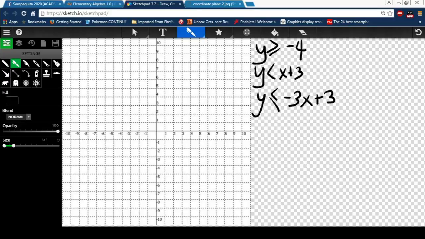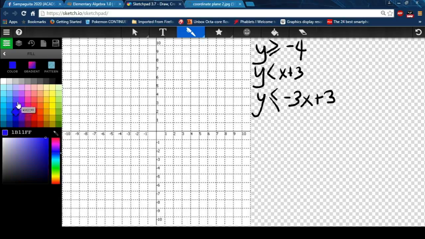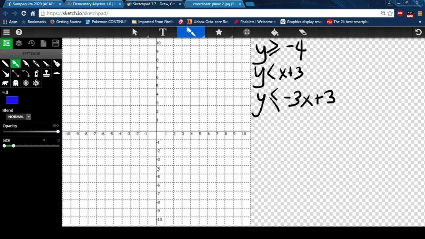So the first one is y is greater than or equal to -4. We will use blue again. So the y-intercept is -4.